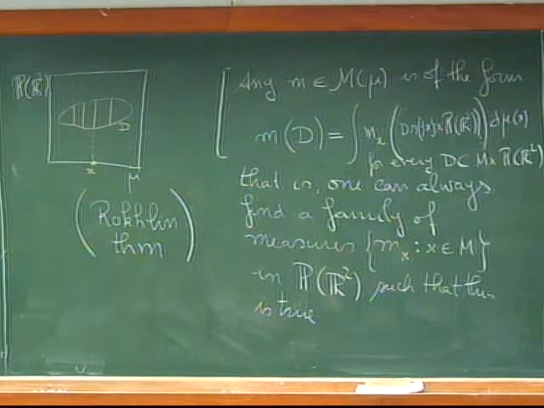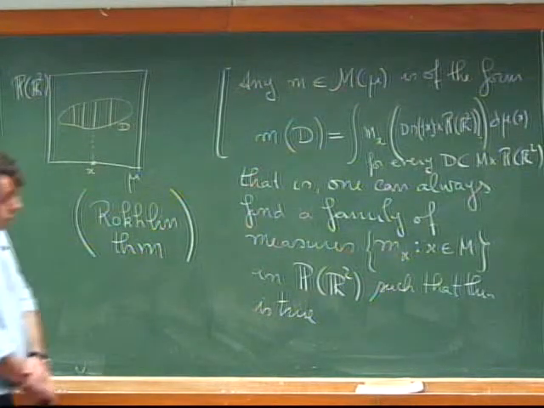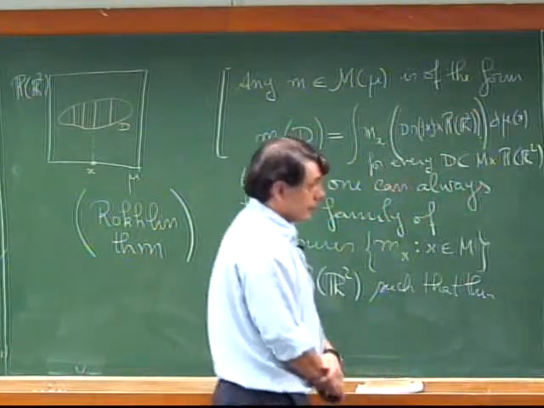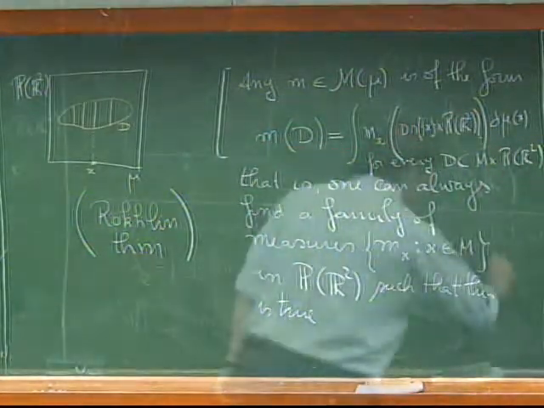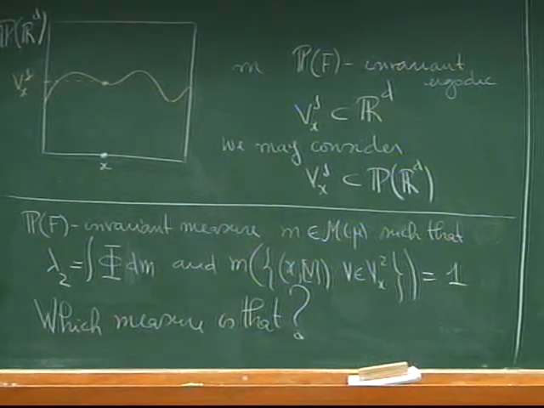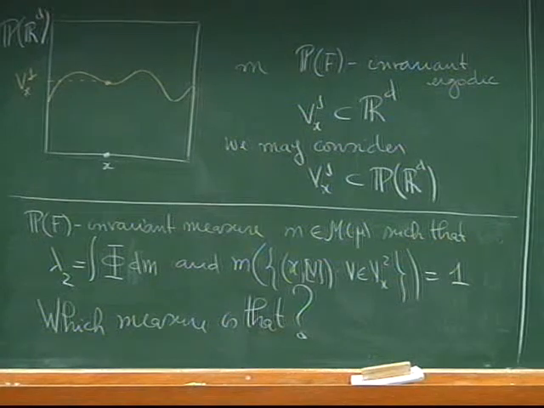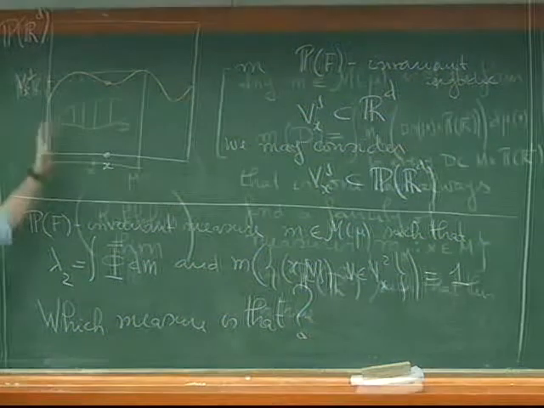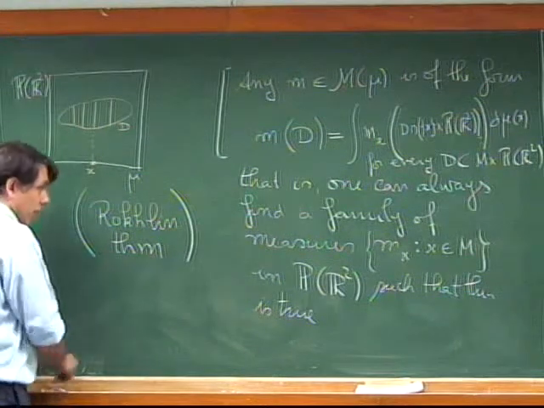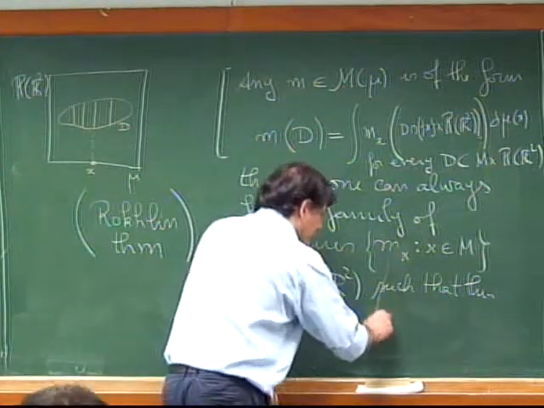Okay, so if I want to exhibit m, it is sufficient to explain how I'm going to find these m_x. They are called the conditional probabilities of m.